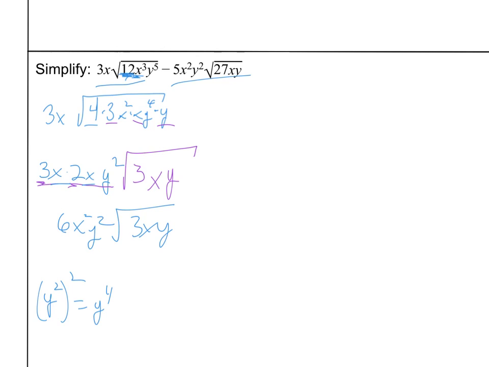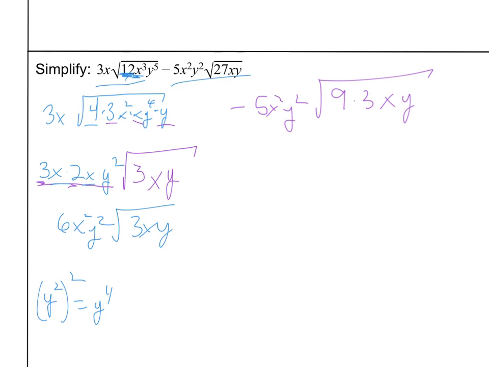So now that you've had your video paused, we know the outside's negative 5 x squared y squared. 27 I can break up as 9. That's the biggest perfect square that goes into 27. There's 3 left, and an x and a y. So there's no powers on these, so we won't have to worry about breaking this down any further. This stuff's on the outside. Oh, there's this x squared on the outside.